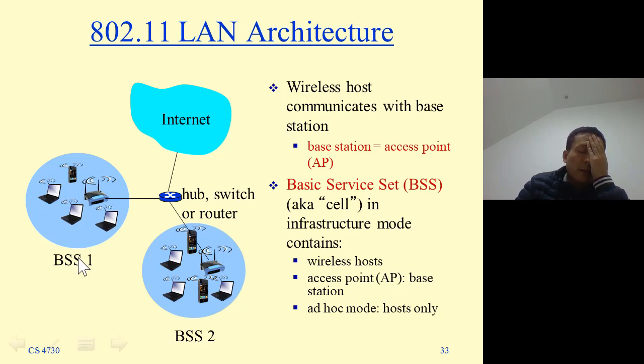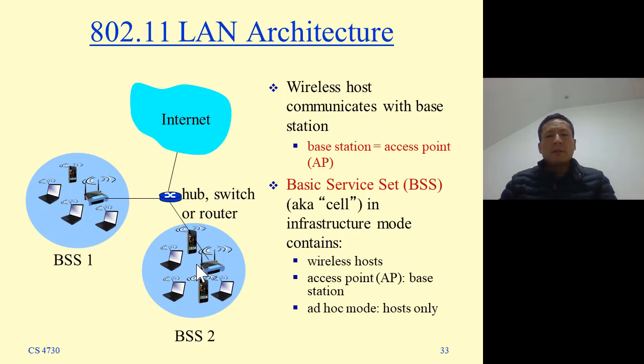Okay. So basically, one router can be used to connect to multiple BSS. So each of the BSS actually is like a cell. You have an access point, right? You have an access point and multiple mobile devices connect to this access point. So this comprises a single Basic Service Set, BSS.